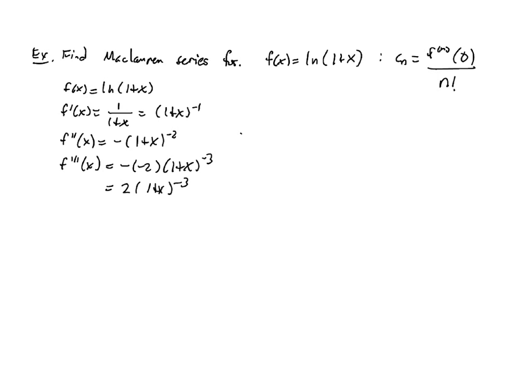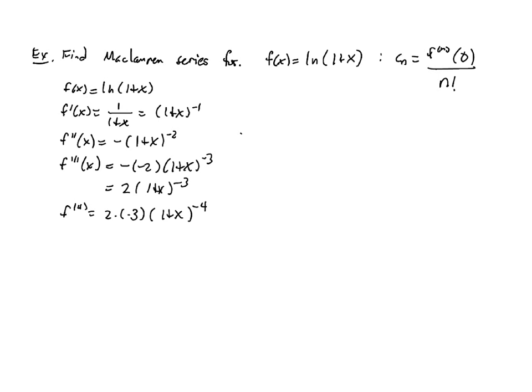So what you can see here is that as I take higher derivatives, I'm going to get alternating signs. I'm going to get products of the old coefficients with the old exponents and then powers of 1 plus x. So the fourth derivative, I'll have 2 times negative 3, times 1 plus x to the minus 4. Okay?